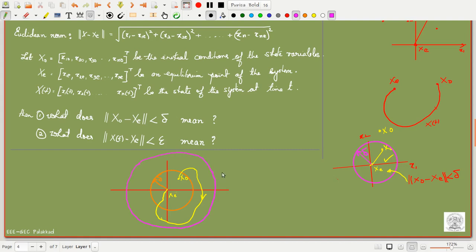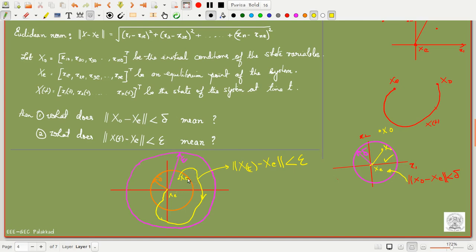This circle did not come out properly, but I will call it an epsilon ball with radius epsilon, and if x(t) is lying inside it, then this equation is true: the norm of x(t) minus xe is less than epsilon.